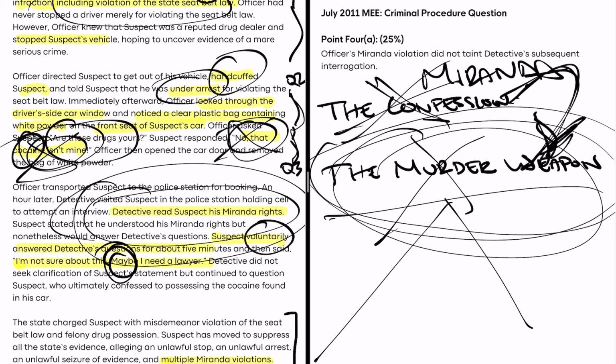Now, the only thing we would have had to look out for here is if somehow the original Miranda violation, where the officer was questioning the suspect, could have been construed as a single sequence of questioning all the way through to when the confession happens, right?